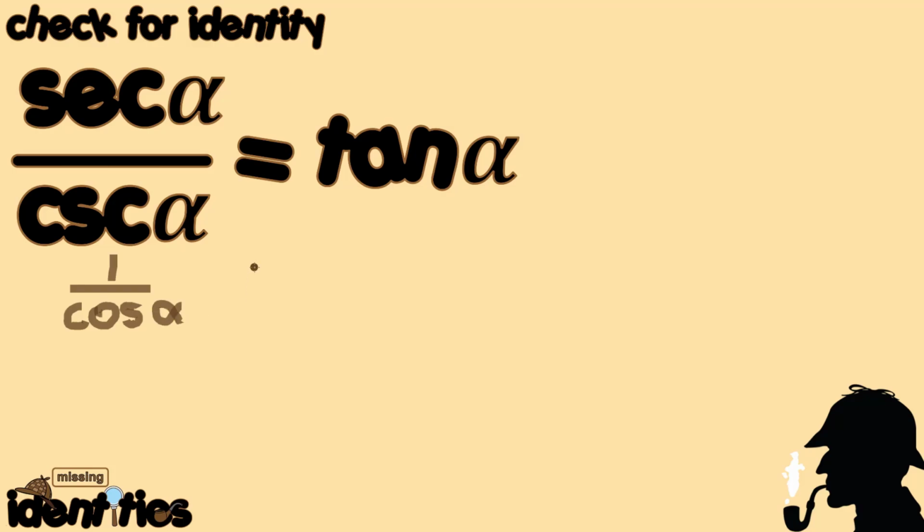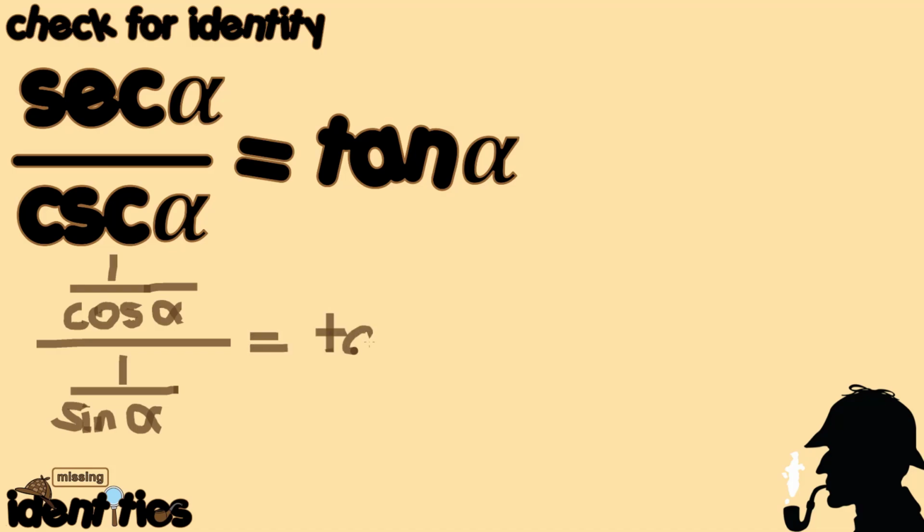This is just the numerator itself. Now for our denominator, this can be represented by a reciprocal of sine because that's cosecant alpha. In short, cosecant alpha is 1 over the sine of alpha. Now this should be equal to tangent alpha.